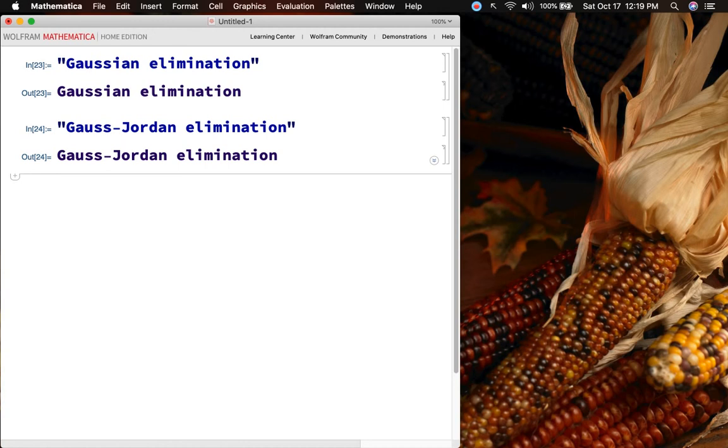Some of you may already know how to do this. Strictly speaking, this is not part of Calculus 3. Students usually learn this in pre-calculus, college algebra, finite math, or sometimes the first semester of linear algebra.